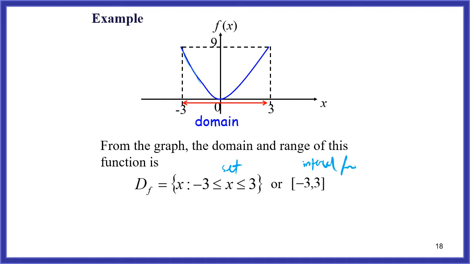And how about the range? We look at the value of y from the bottom up to the top. We can see that the range is starting from 0 up to 9 only, inclusively. So you can give it in interval form or solution set.